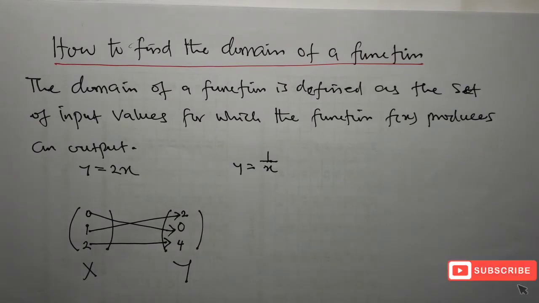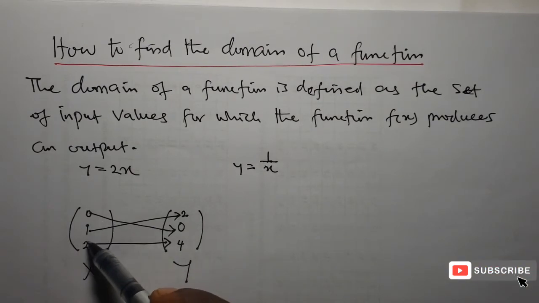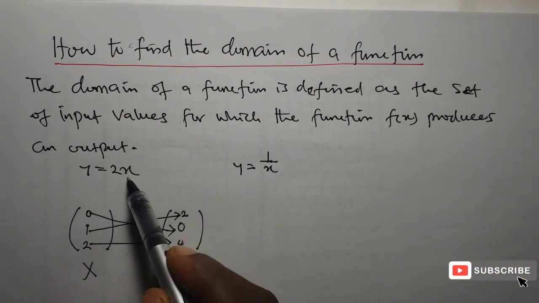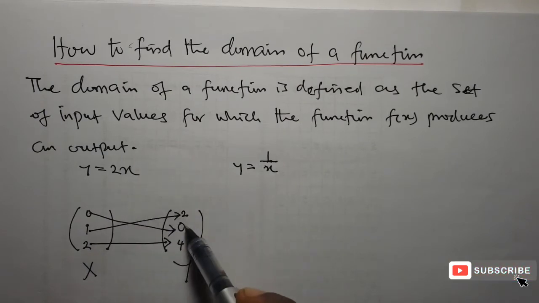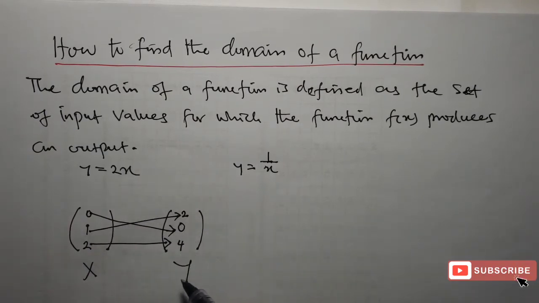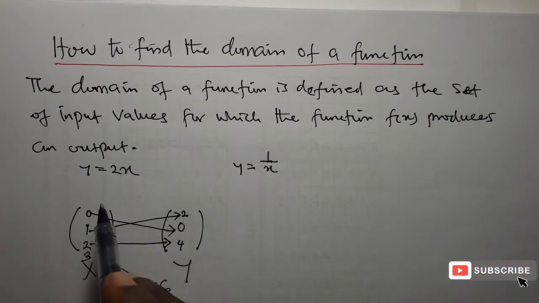The question we want to ask is this: is it possible that there are other values that can be plugged into this function to get images? The answer is yes, there are. For example, we can plug in 3, and 3 will be mapped to 6. We can plug in 4, and 4 will be mapped to 8.